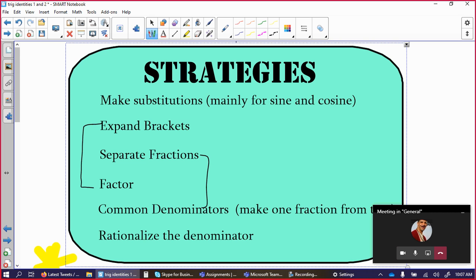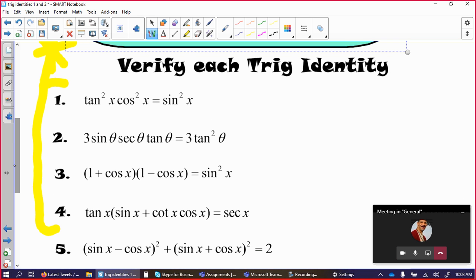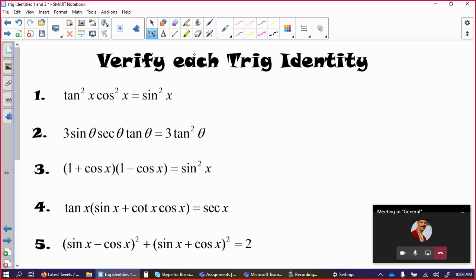This is when we have products, and this is when we have sums or differences, and rationalize if we need to. So I said, let's take a look at the first few, try those at home. I'm going to go through these ones, and that's kind of it.